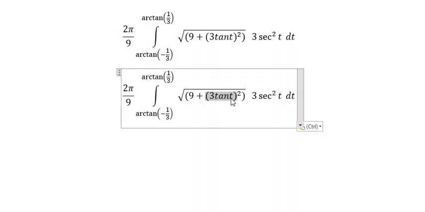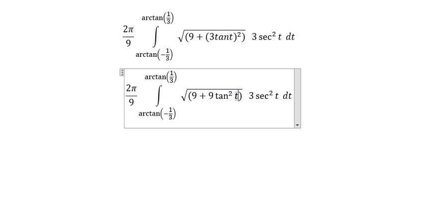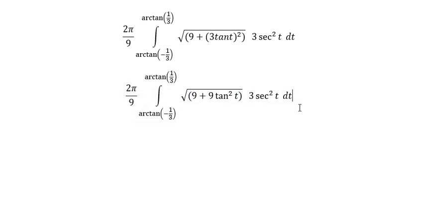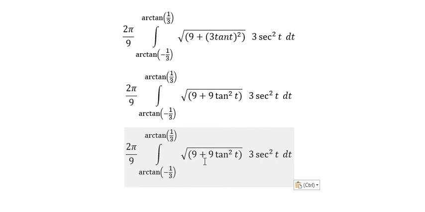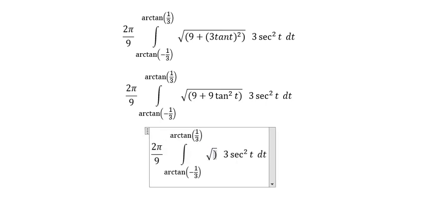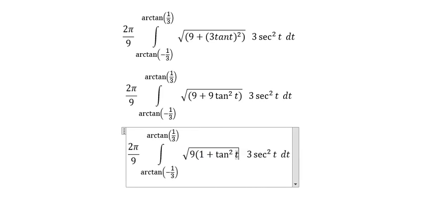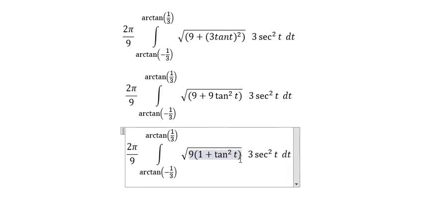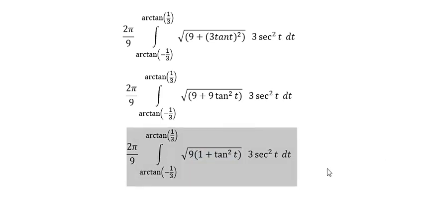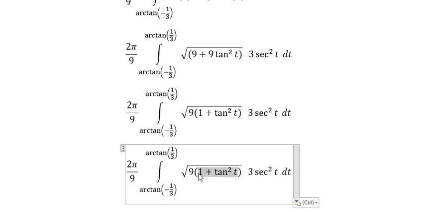So this one we have 9 tan squared t. Number 9, we can do factorization. This one we have secant squared t.